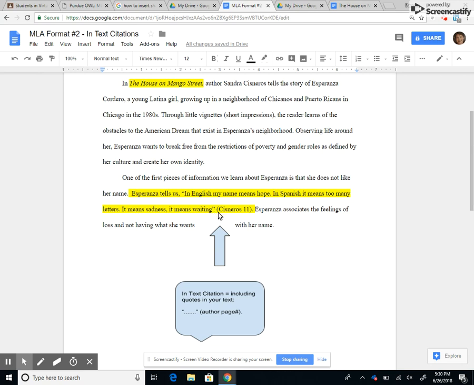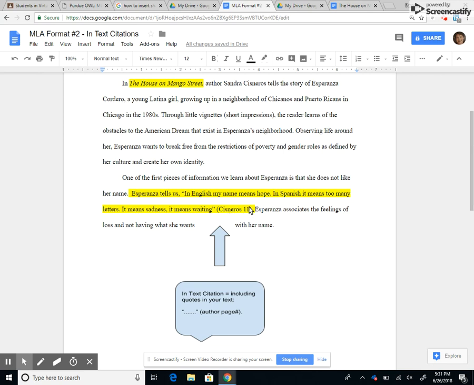Then I put parentheses, and in parentheses, I give the author's last name and the page number. No comma in between author and page number. So simply quotations and quotation mark, parentheses, and author last name and page number.